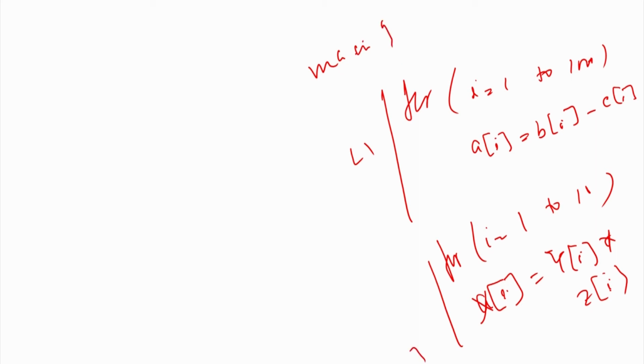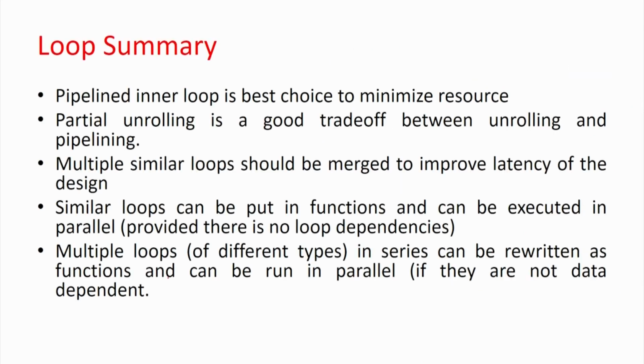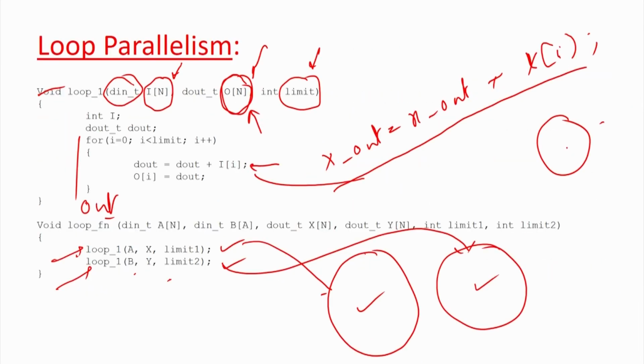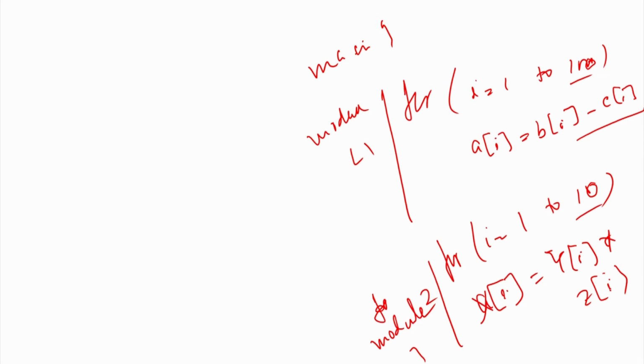If you have this, at the loop body iteration level these limits are different, this is 10 and this is 100, and also the operation is different. So, you cannot create a single module to do this, but still we can create a module 1 for this, right. You can write a function 1 for this, and a module 2 for the other, the way I just wrote this kind of loop, and you can call these two functions, module 1 and module 2, from main.